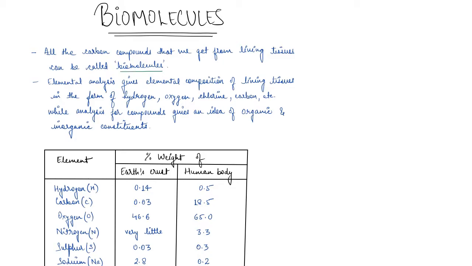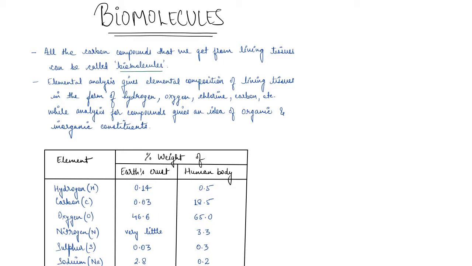So basically, the chapter on biomolecules is nothing but studying these elements, these compounds, these chemicals that we are made up of. The definition of biomolecule is that all the carbon compounds, remember guys, all the carbon compounds that we get from living tissues, they are known as biomolecules.